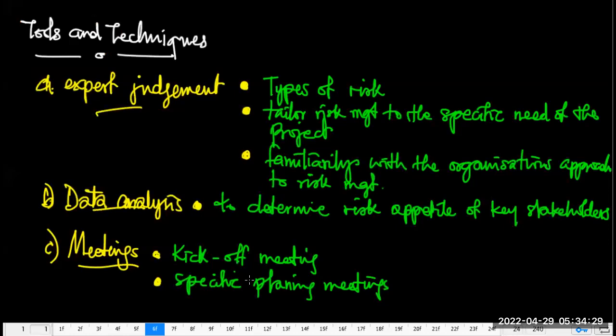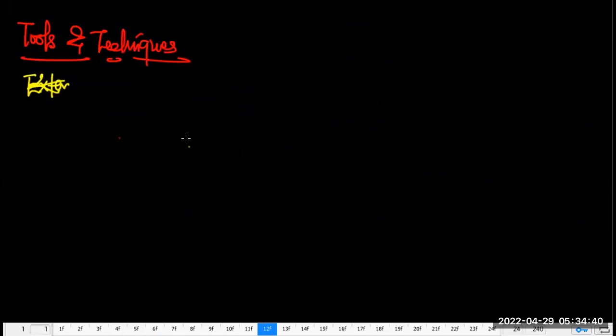This was for plan, when you were planning risk. Now we've moved away from plan risk and we're identifying risk. What tools and techniques do you need to effectively identify risk with respect to the project you're undertaking?